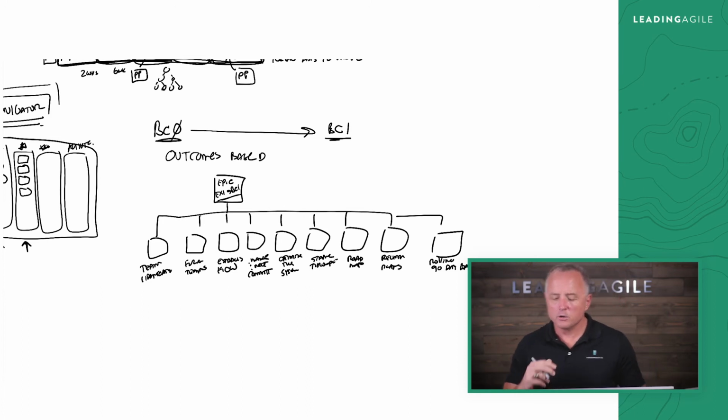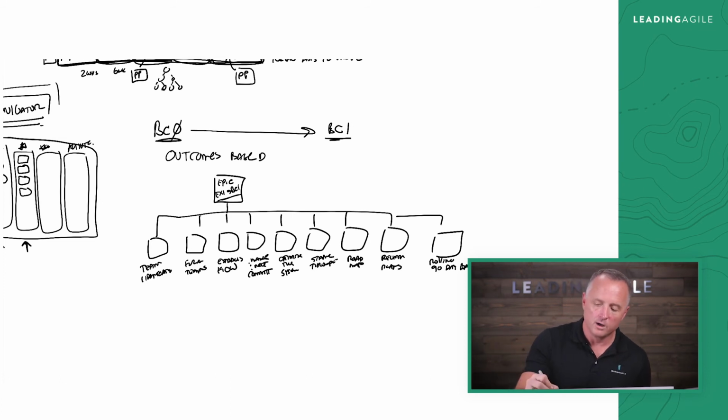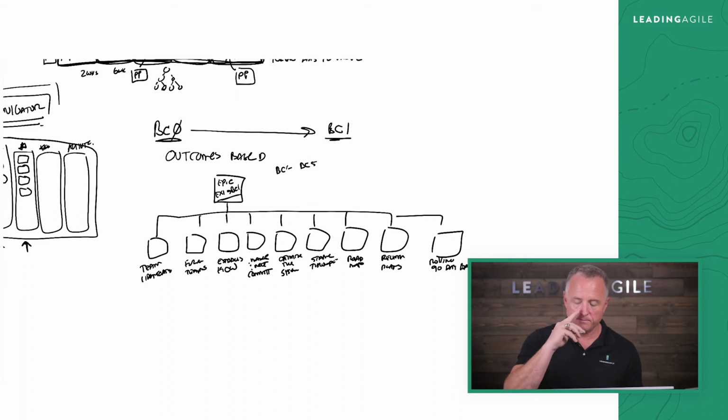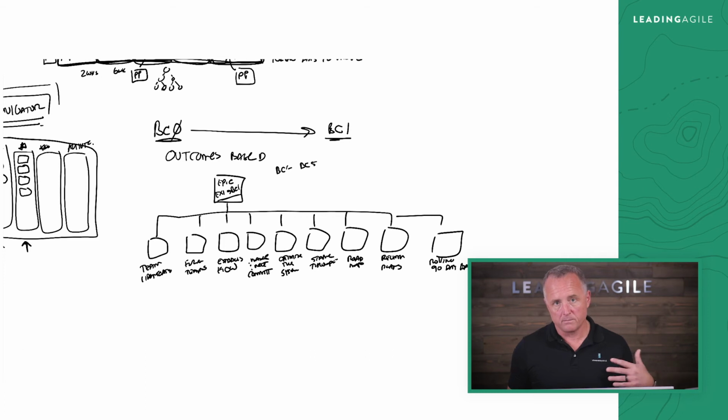Okay, so this is one path, right? And so here's the risk, right? And having some of these conversations. So we've enumerated, because our market and our customers have asked us to, what Basecamp 1 through Basecamp 5 is. For the same reason, we've enumerated what are the outcomes required to get to Basecamp 1. Your mileage may vary, right, in your particular part of the organization.